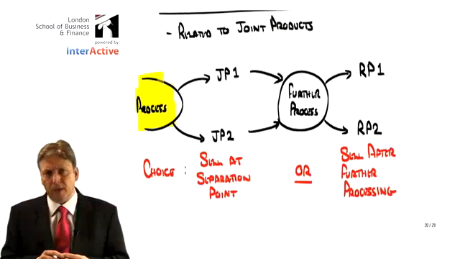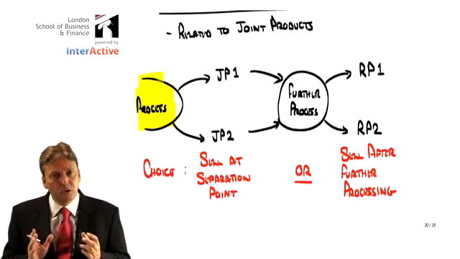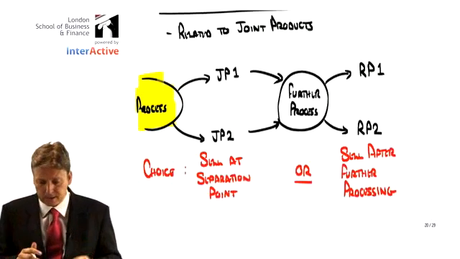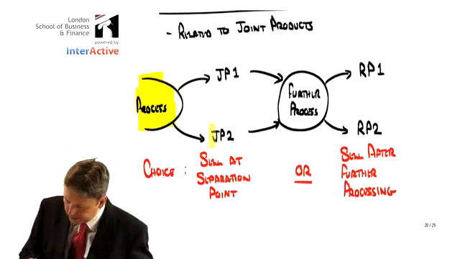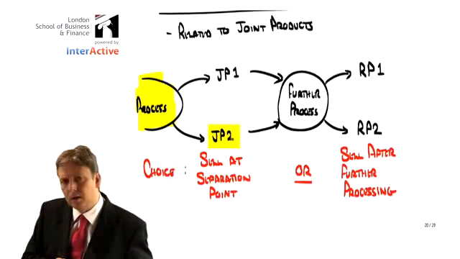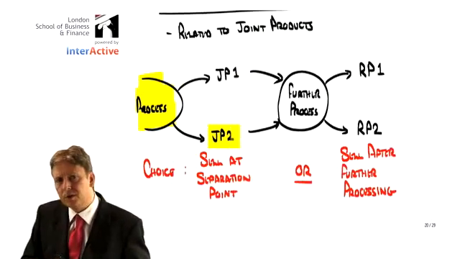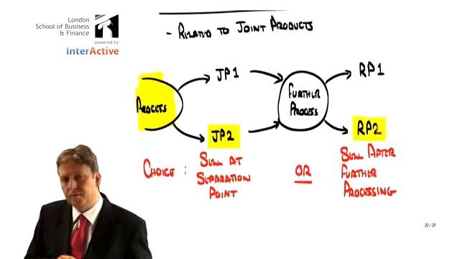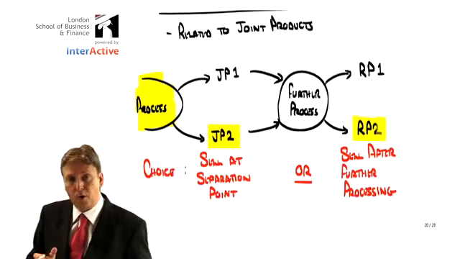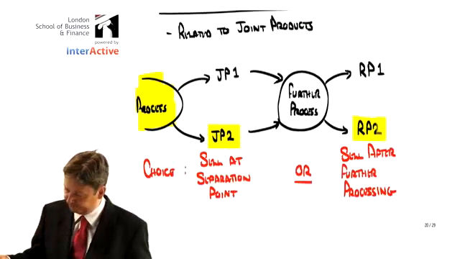And as a result of that, the two costs that we're looking at are firstly the idea that if you sell at the split-off point, you will sell at one price. If you sell after further processing, you will sell at another price. We would expect, after further processing, for the refined product to sell at a higher price.